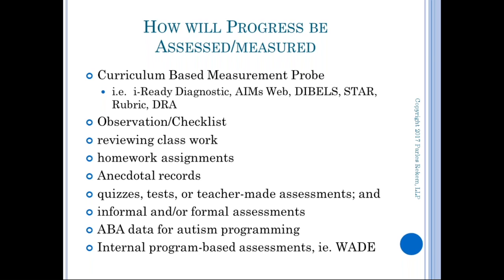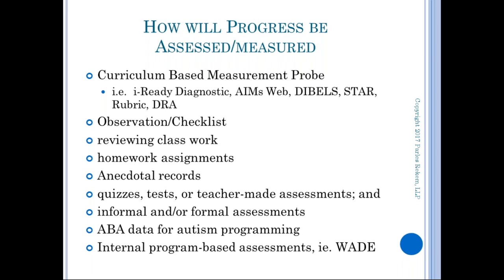I guess the thing you'd want to be cautioned about is whether or not the assessment that they're using is actually the right assessment to see if the child's making progress toward the goal. Because if it's not, then you're not getting accurate information, and you're not able to really assess if the goals and objectives are truly being met. Here on the list, we have observation checklists. There's reviewing classwork.